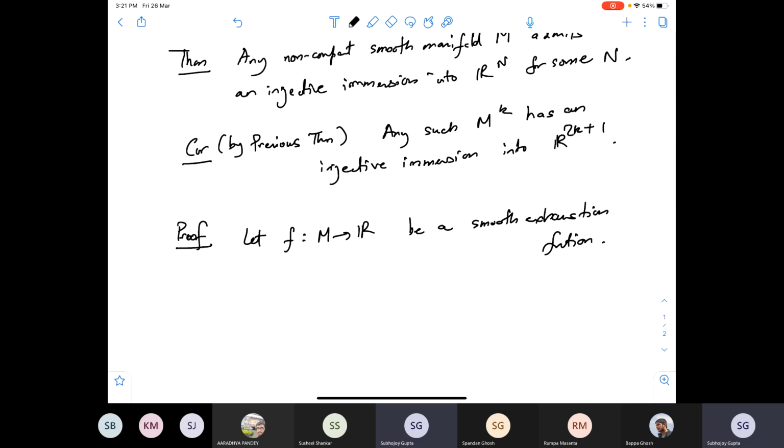We had constructed this earlier, if you remember, using a partition of unity, one of the first applications of having a partition of unity. And once you have this smooth exhaustion function, we can use that and its pre-images to reduce to the compact case in some sense. So let's try to understand that.